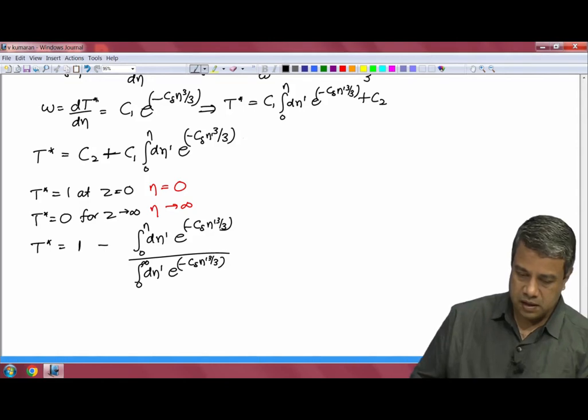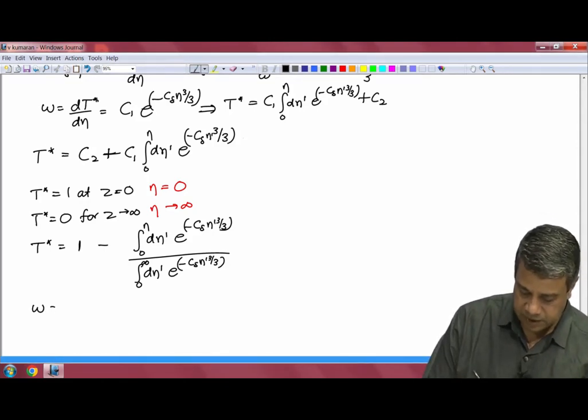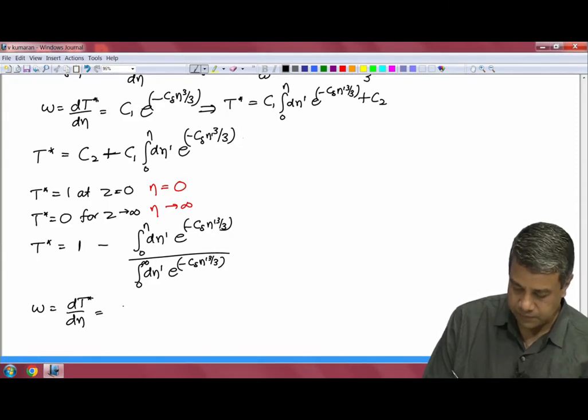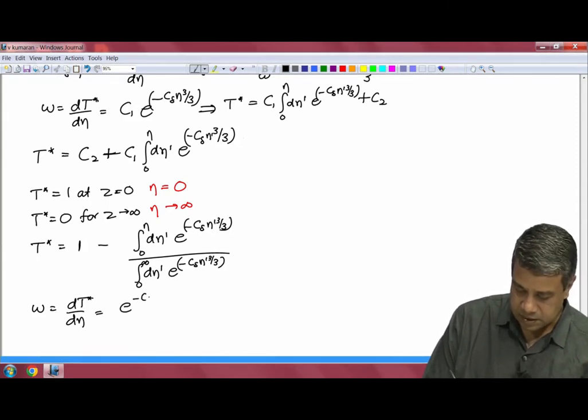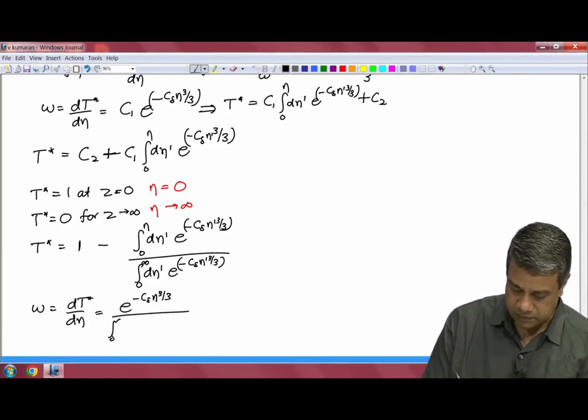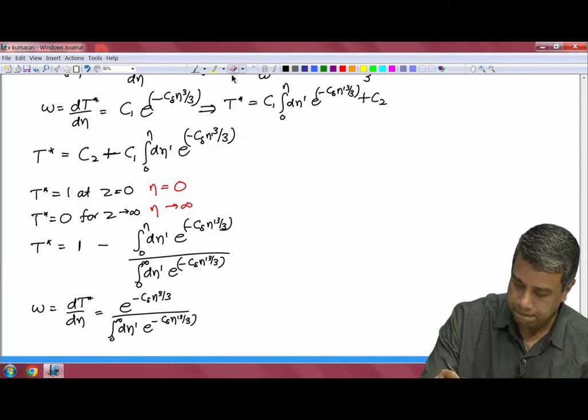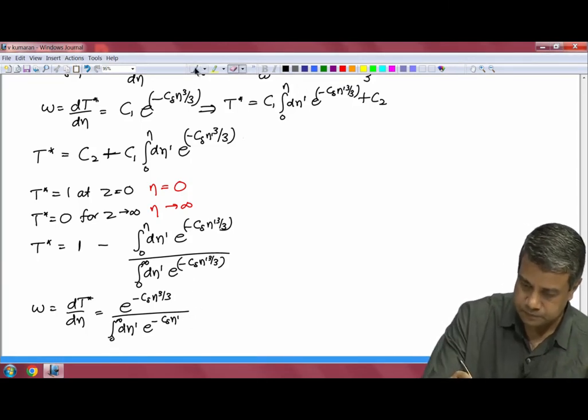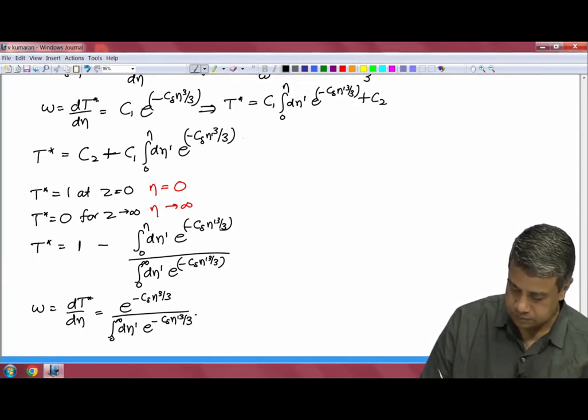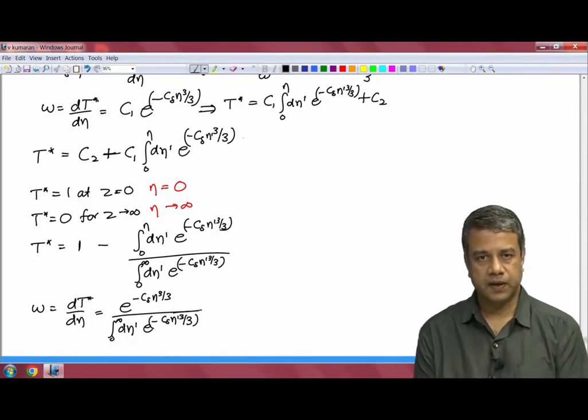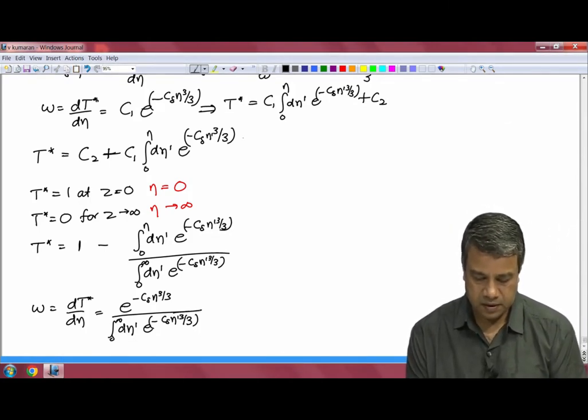Okay. And w, which is equal to dT star by d eta, is going to be equal to e power minus C delta eta cubed by 3 divided by integral 0 to infinity d eta prime e power minus C delta eta prime cubed by 3. So, that is going to be the derivative.